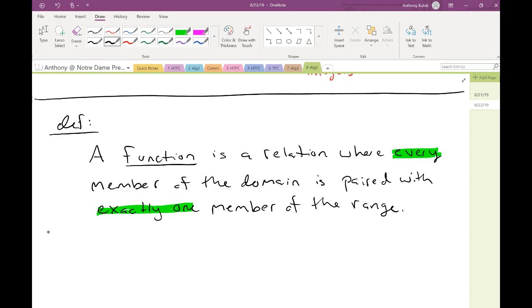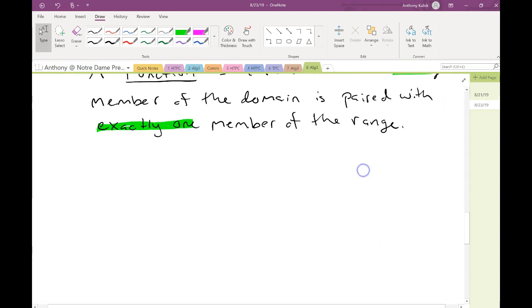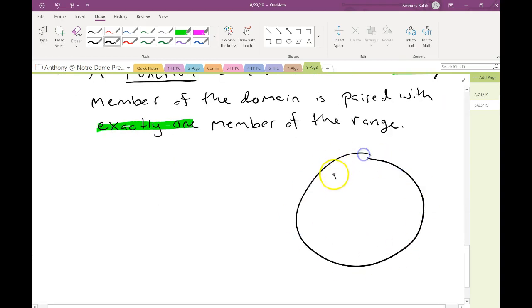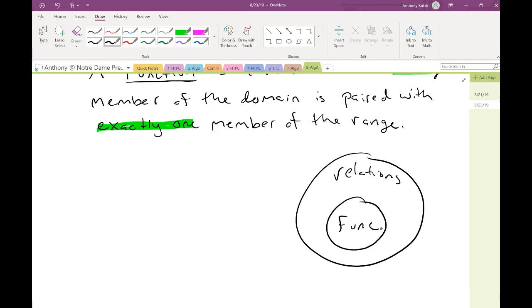That's pretty obvious. So let's think back to sets and relations then. It says a function is a relation, just like a dog is a mammal, right? So which one is there more of? Relations. So if we were to imagine this is all the relations, the functions are contained inside of that, so there has to be more relations than there are functions.